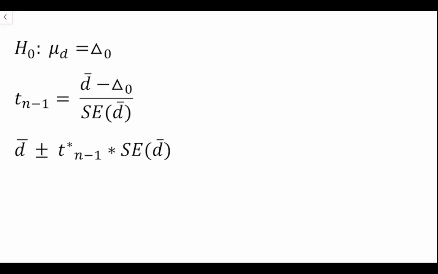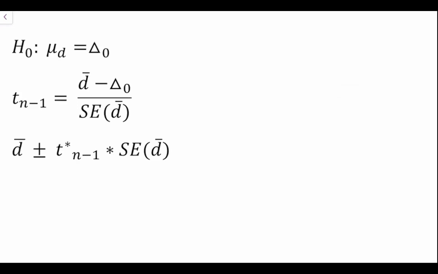Okay, so when we look at our paired t-test, we have our null hypothesis. Our null hypothesis, H naught, is simply saying that the mean difference, mu subscript d, is equal to delta zero, otherwise known as zero. We can also set our alternative hypothesis.